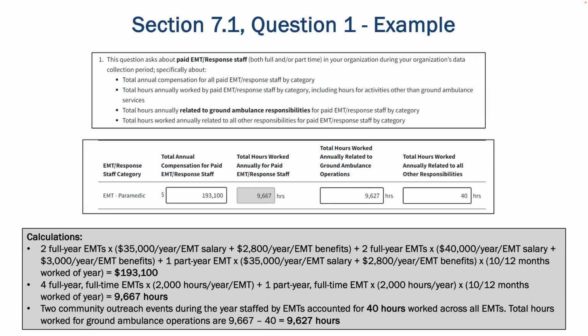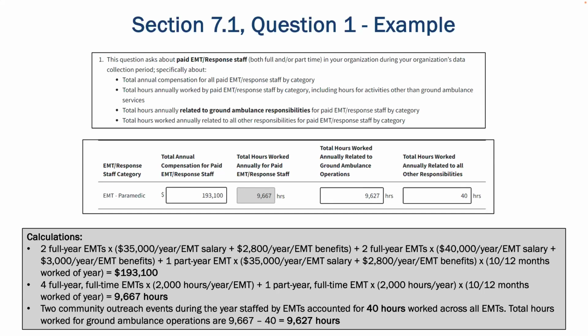For total hours annually for paid EMT response staff, you will not input this number directly. Rather, you will report separately the total hours worked related to ground ambulance activities and total hours worked related to all other activities.